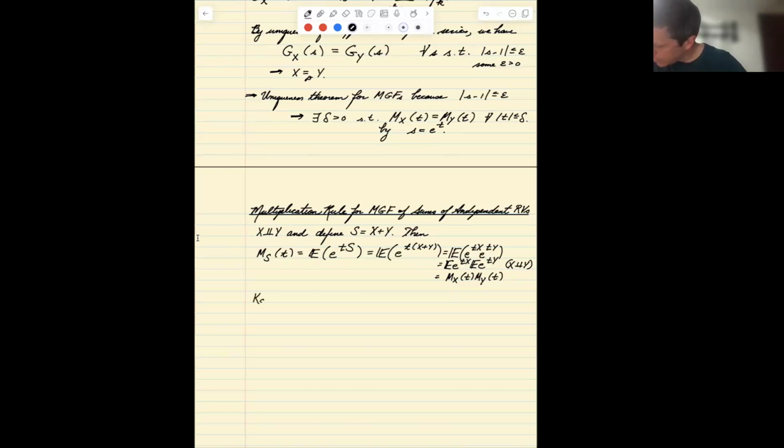And if we consider the cumulant generating function, well, that's the log of the moment generating function. But the moment generating function, as we just saw, is the product. And the log of a product is the sum of the logs.